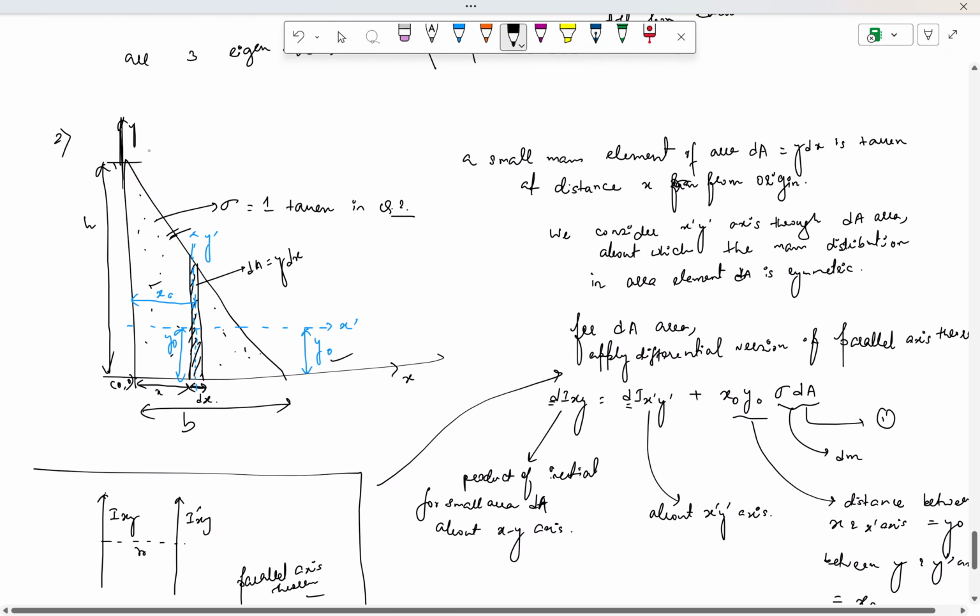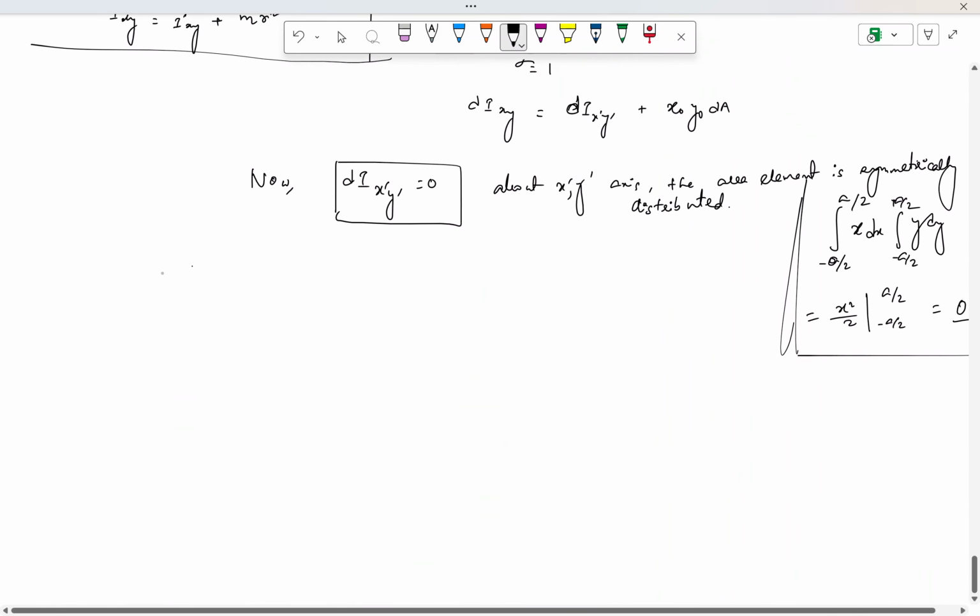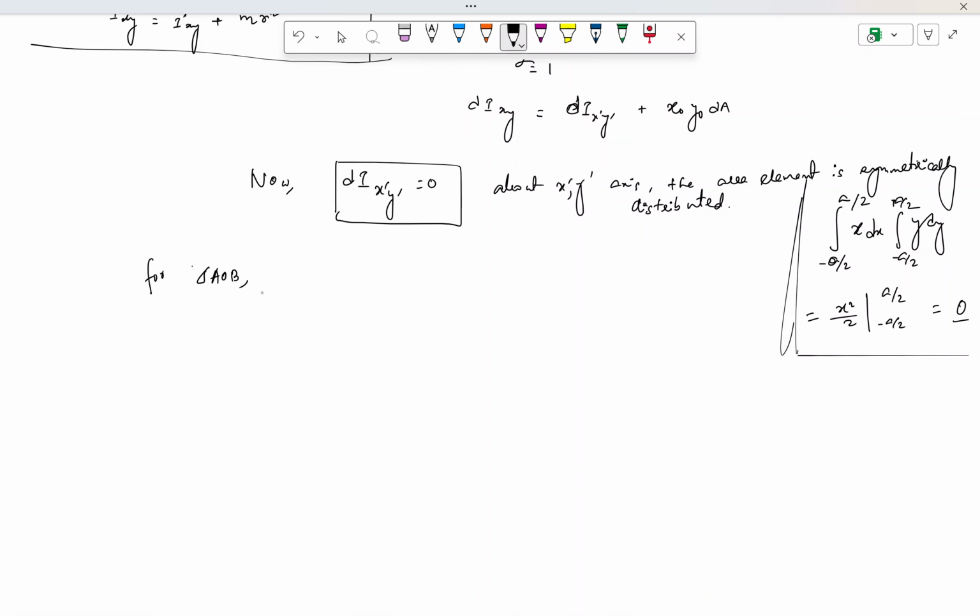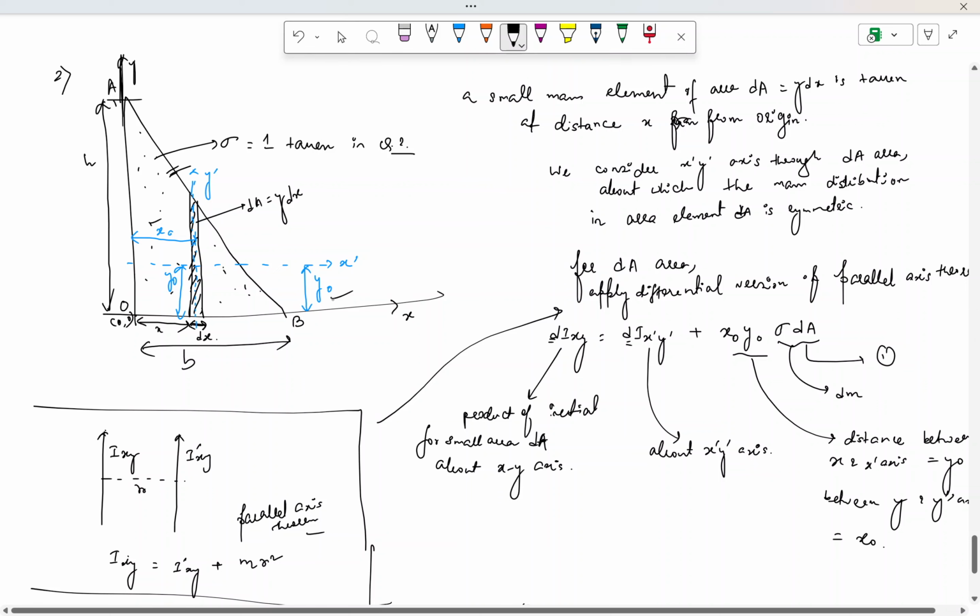Let's say this triangle is A, this is O, and this is B. Hypotenuse AB equal to... you can find out the equation for the straight line, because you know its slope and the intercept on the y-axis.